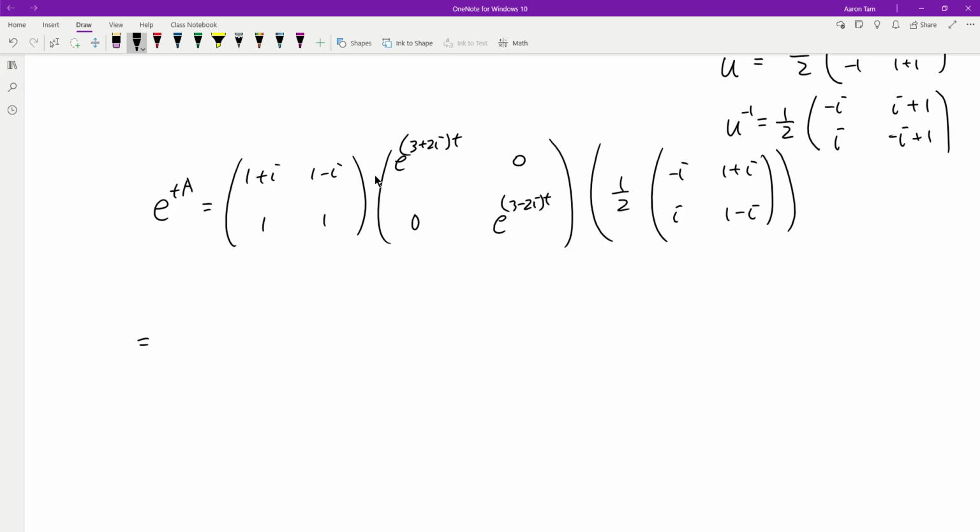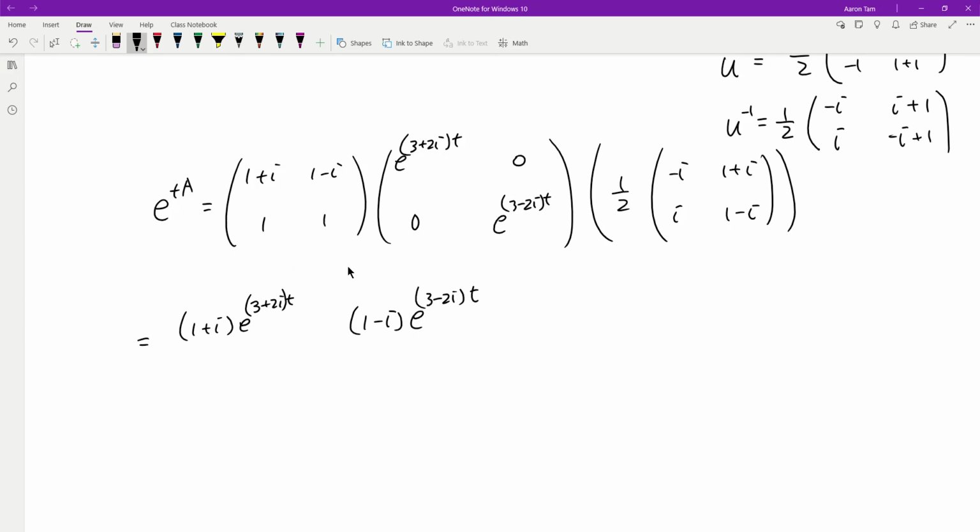So therefore, that would be 1 plus i, e to the 3 plus 2i t, times negative 1 minus i times 0, which goes away. Okay, and then this whole thing times this whole thing becomes 1 minus i, e to the 3 minus 2i times t.